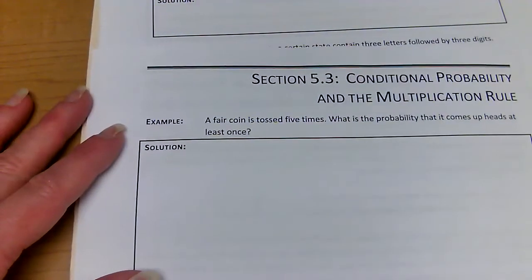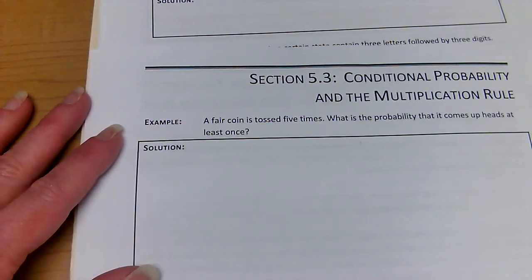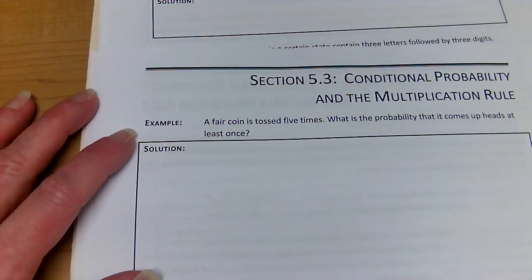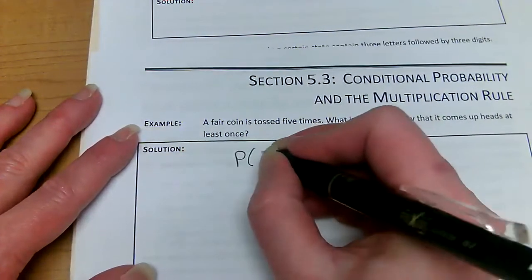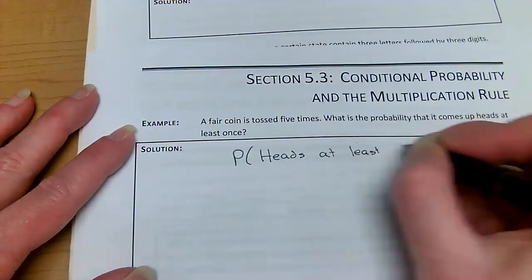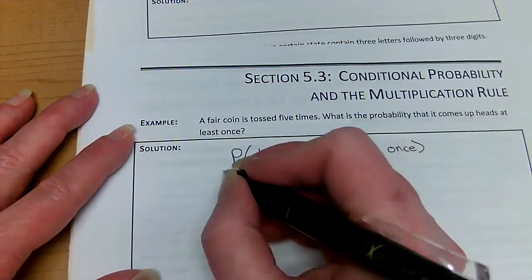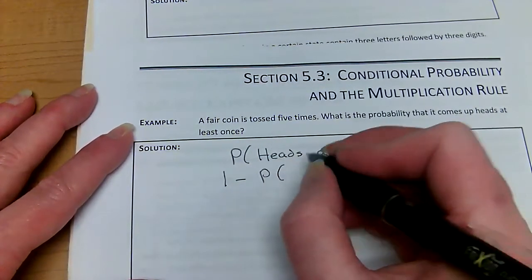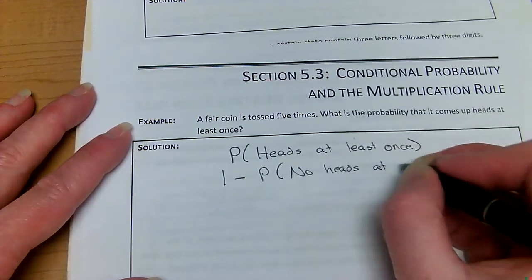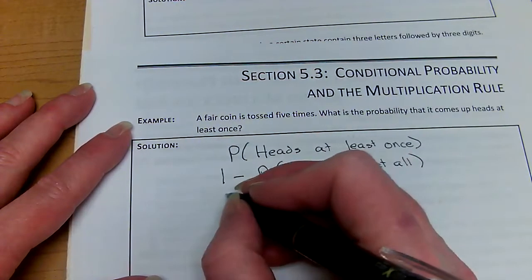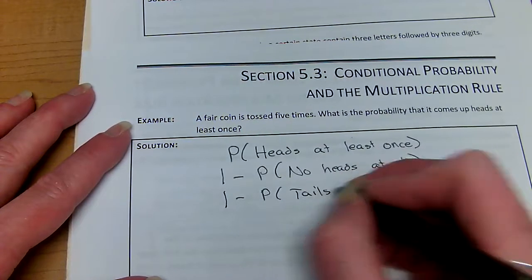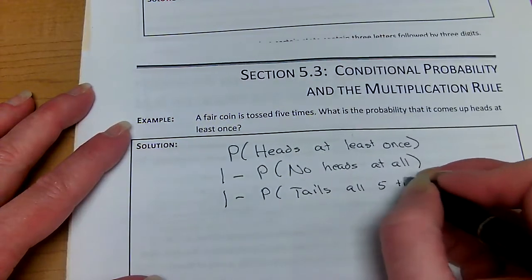All right. A fair coin is tossed 5 times. What is the probability that it comes up heads at least once? Well, the probability that we get heads at least once would be 1 minus the probability of no heads at all. That'd be the probability of tails all 5 times.